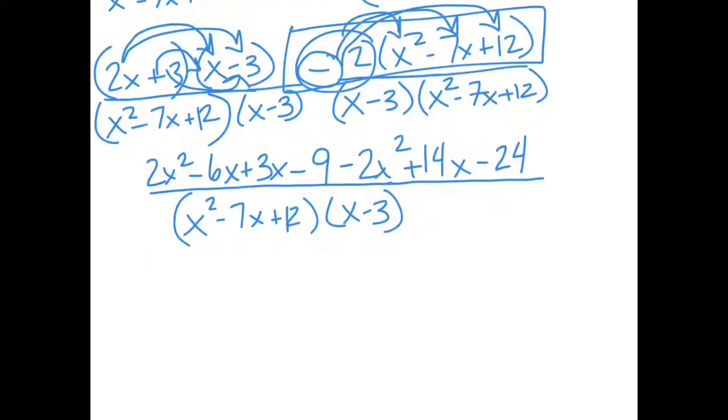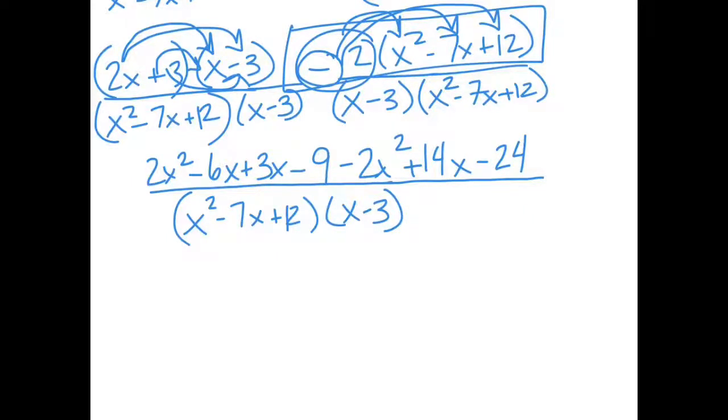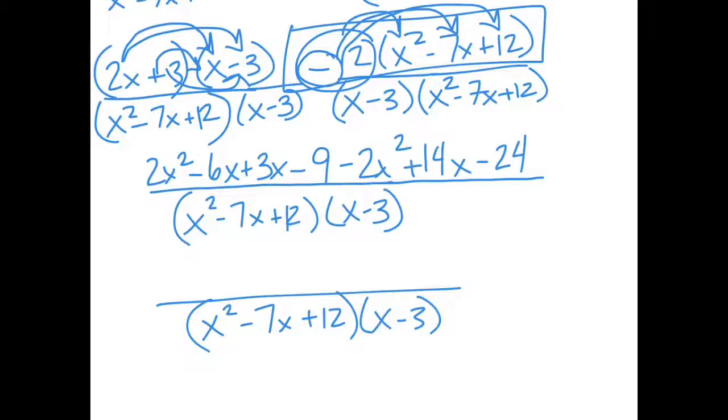Now I'm going to simplify the numerator by bringing like terms together. So I'm just going to write down my denominator again. And now I'm going to combine like terms. I have 2x squared minus 2x squared gives me 0, so those cancel out.